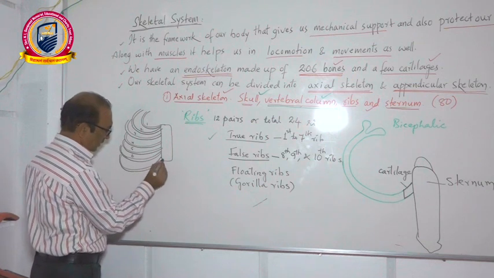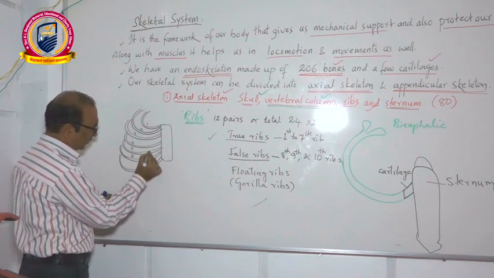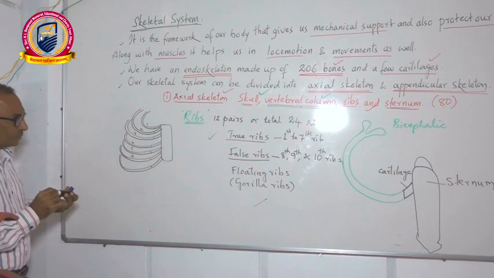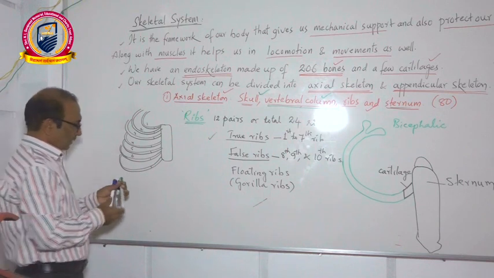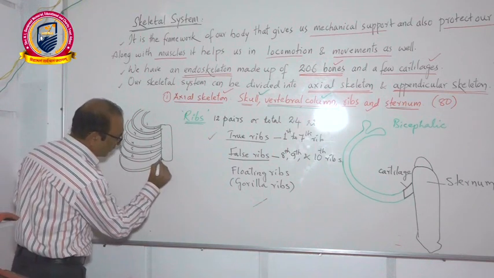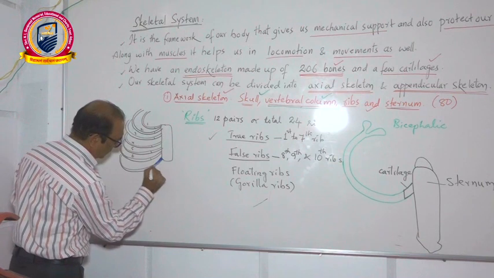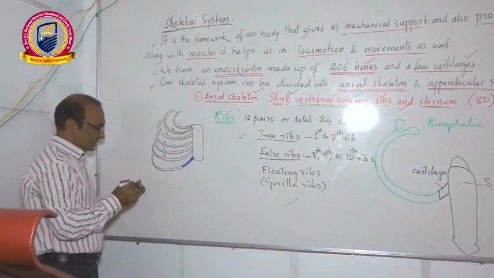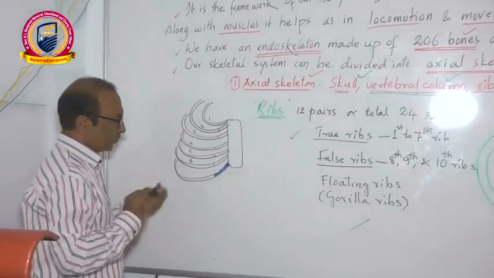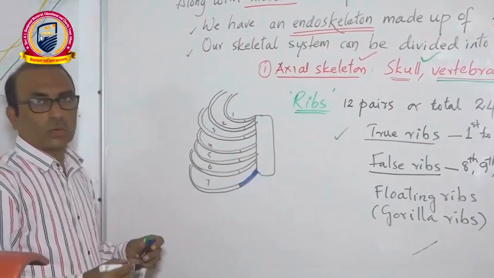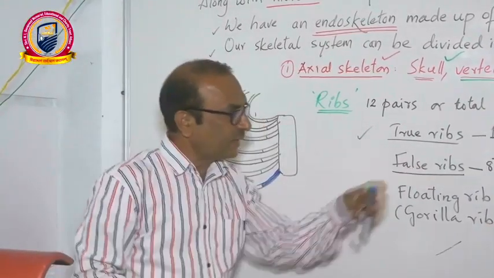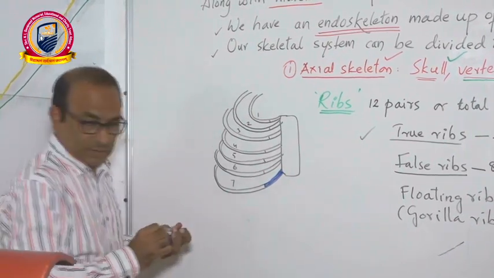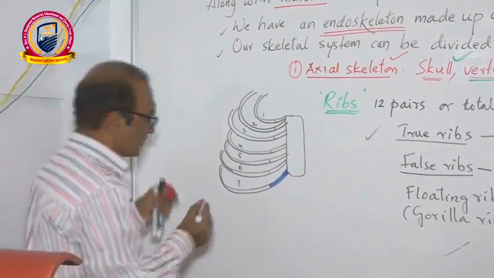Okay, and say these are all the articulating cartilaginous parts. Now I'll just fill it. So say this is the articulating cartilaginous part of the 7th rib. So these 7 are the true ribs. Now let us see how the false ribs are connected. We'll make use of another color for false ribs.